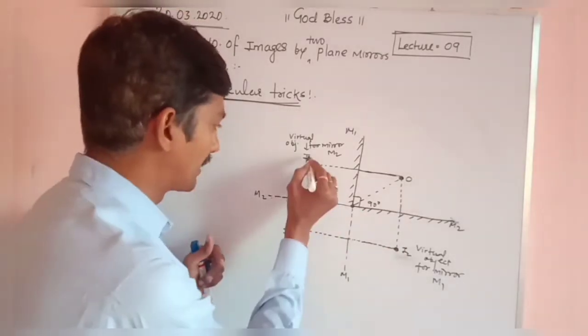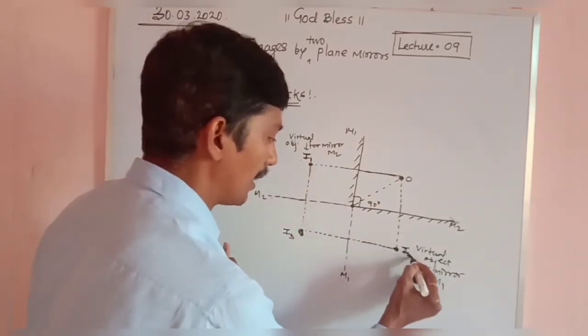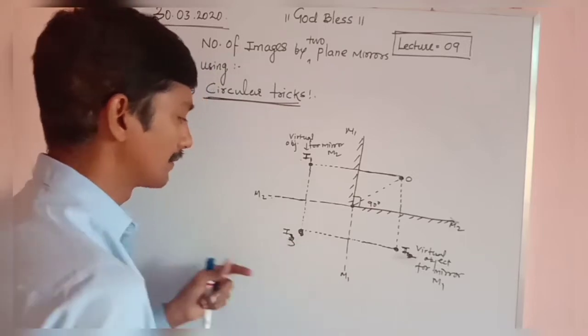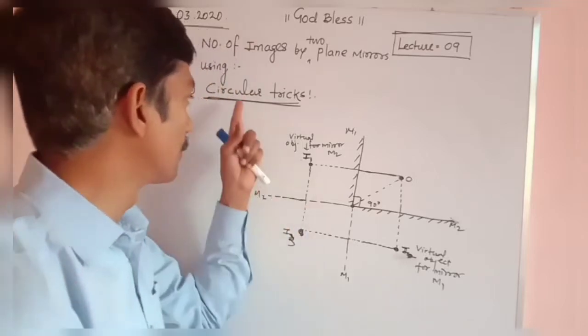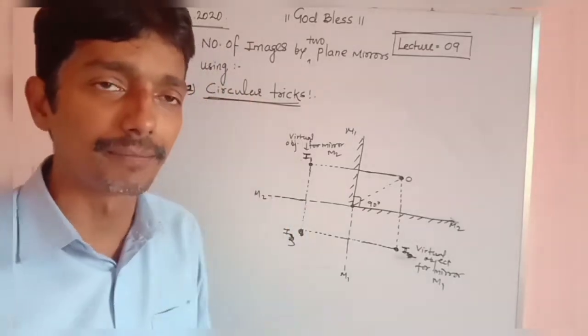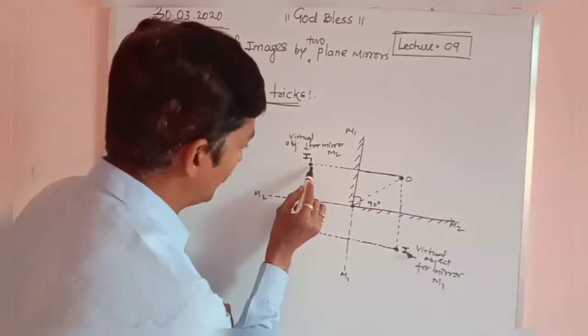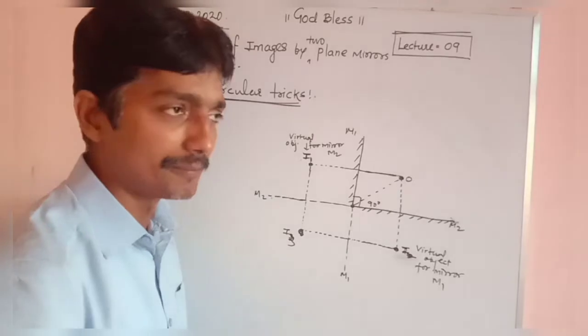We know we get three images: one is I1, other is I2, and the third image is I3. Three images we get. Now my dear, let us proceed to the circular trick method. Can you think, let us draw this diagram, and join the line from here to here. I am doing it with the blue pen, look at it.